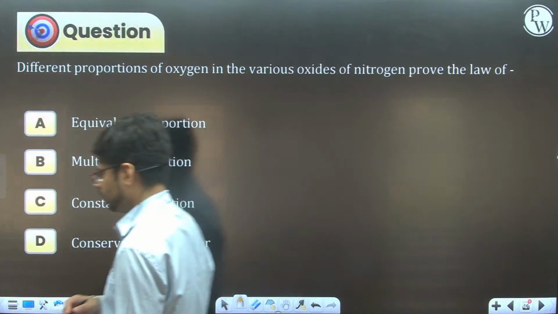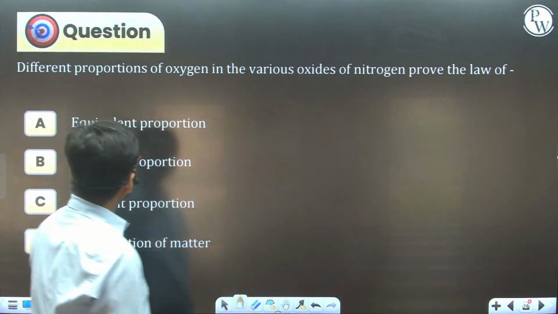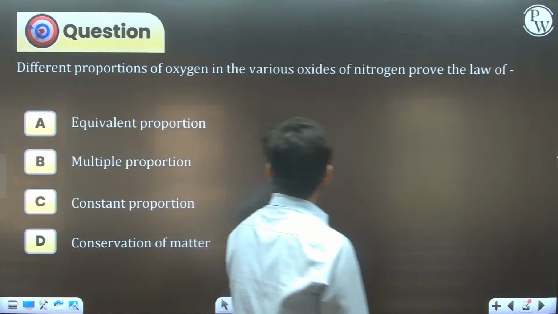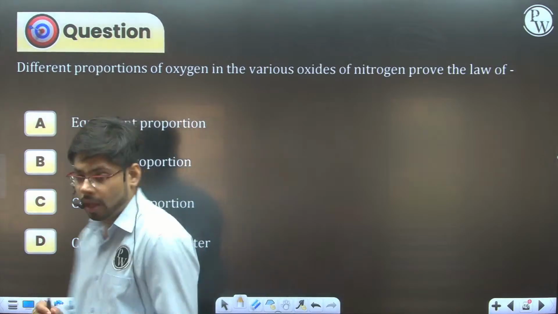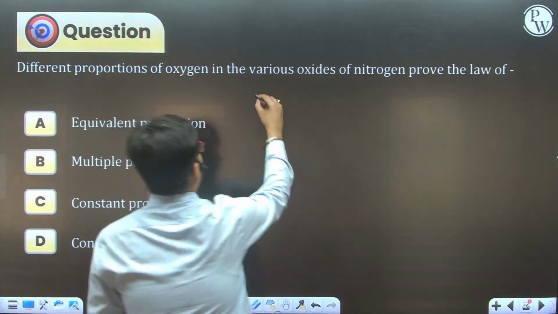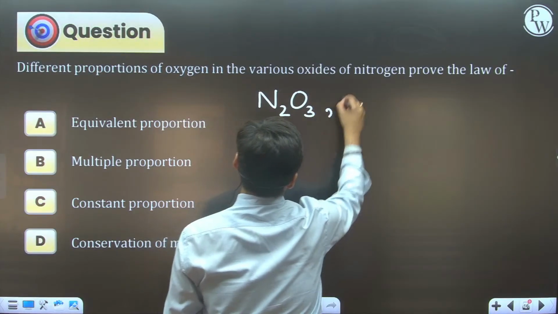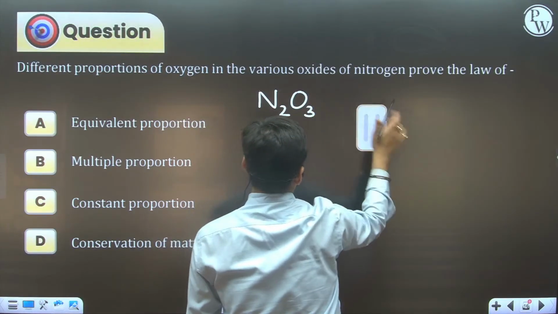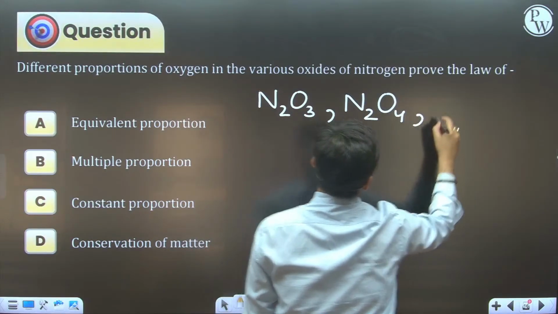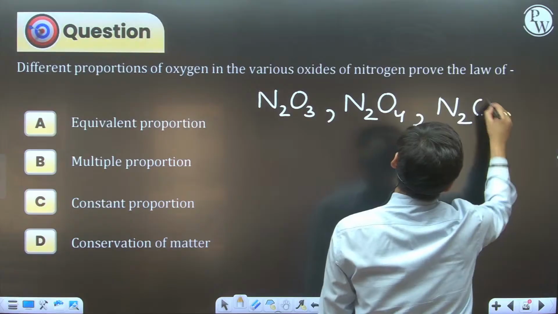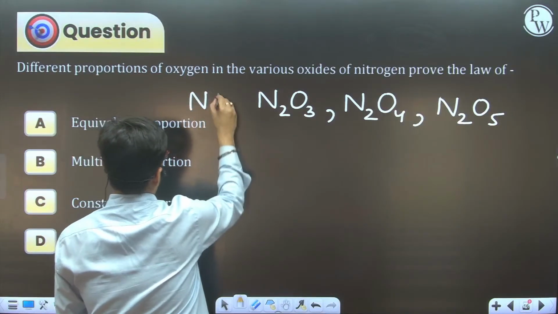All right. Next one. Very easy. Different proportions of oxygen in the various oxides of nitrogen proves the law of... See, to make it easier, let's say I have some oxides of nitrogen. I'm writing a few oxides of nitrogen.